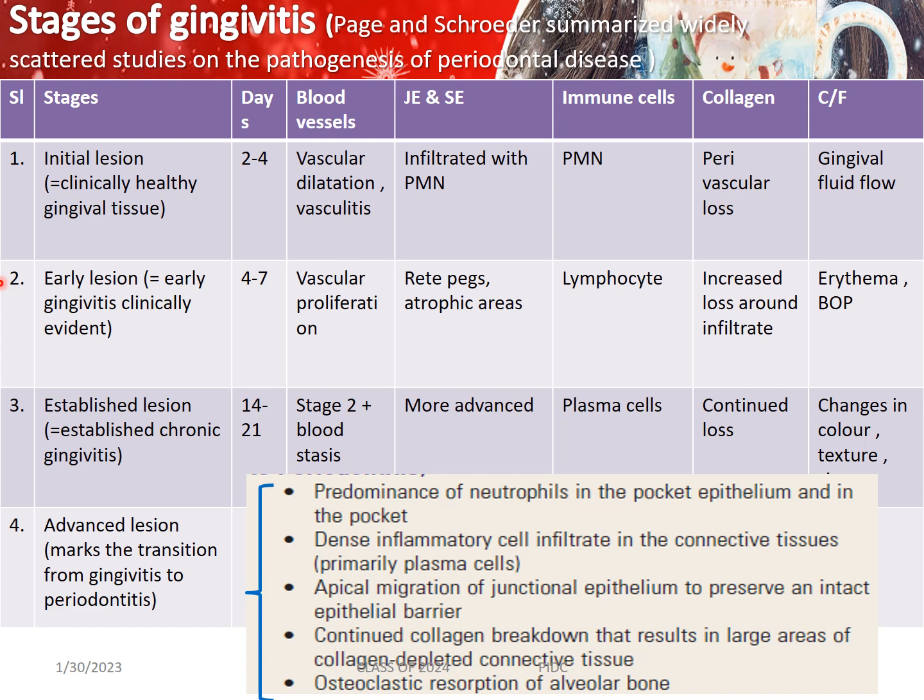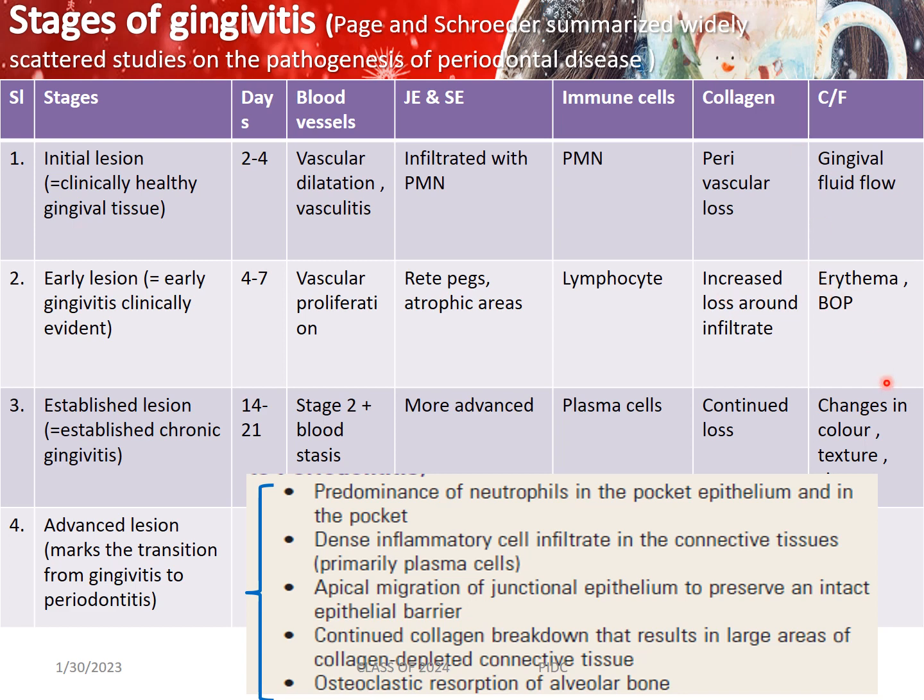After this stage, if the plaque is not removed, 4 to 7 days later you have the early lesion. This corresponds with early gingivitis, which is clinically evident. Here there is vascular proliferation with red apex atrophic areas. The predominant immune cells here are the lymphocytes. There is increased collagen loss around the infiltrate, and erythema and bleeding on probing are present.